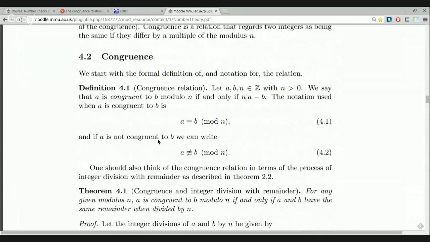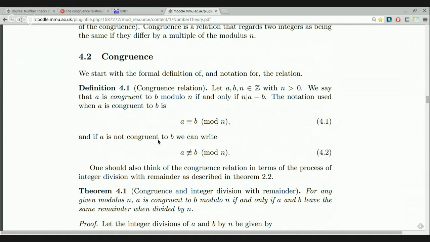We've got our initial definition, which says that a is congruent to b means that n divides the difference a minus b. The difference between the two numbers, or the distance between them along the number line, is a multiple of n. And we write this with a triple equals sign as the congruence symbol: a is congruent to b modulo n.